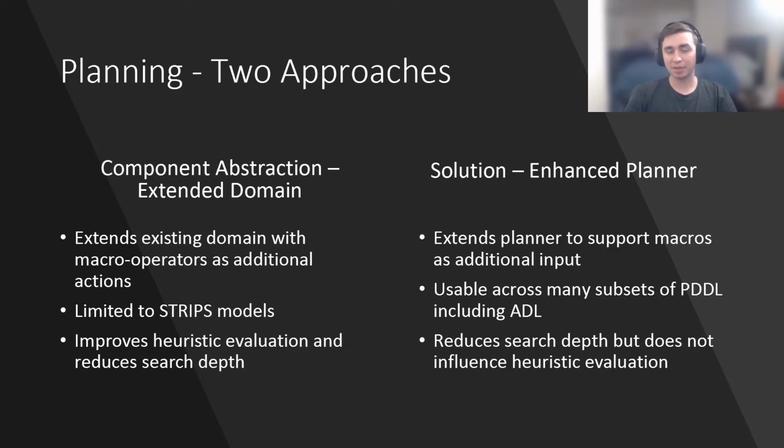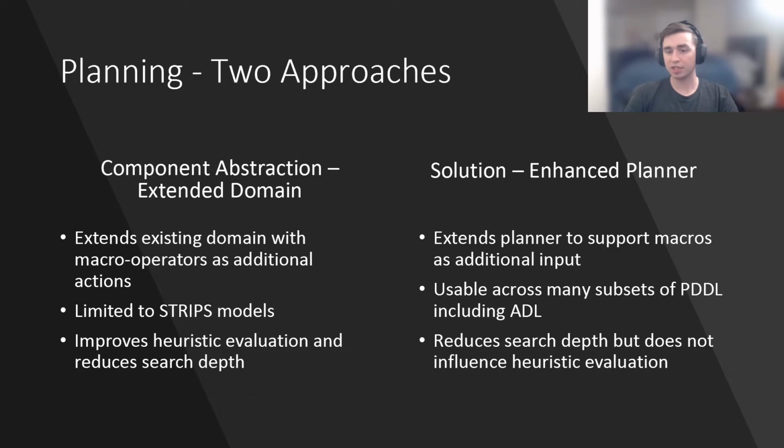However, this makes it limited to STRIPS models, as only the STRIPS models are simple enough to compile these actions into one action written in the same way. For example, other subsets of PDDL, like ADL, have conditional effects which cannot be encoded by a simple macro operator written in the extended domain approach. This approach improves heuristic evaluation and reduces search depth. These are two important factors in making macro operators useful in planning.